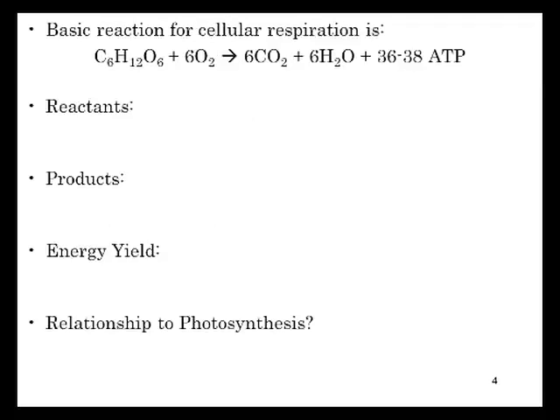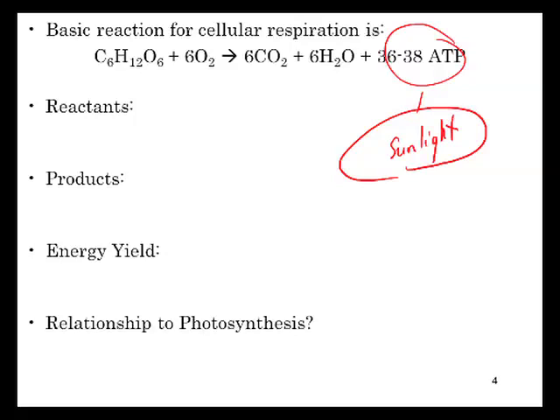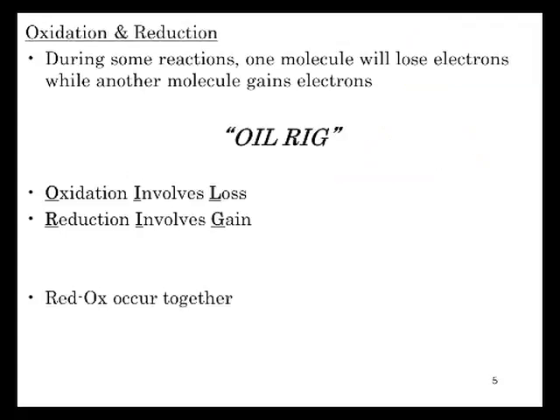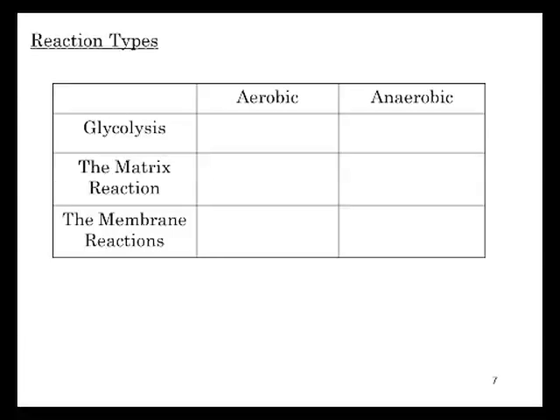Talked about the basic reaction for cellular respiration and its relationship to photosynthesis, and how this ATP here that we get from cellular respiration, from my point of view, is basically sunlight. And to understand why that's sunlight, you have to understand the relationship between photosynthesis and cellular respiration. Talked about oxidation and reduction. Very important things to know. I'll be talking about that today. Again, we also talked about NAD plus and NADH plus H plus, about what those differences might be and what those things are. We'll start actually seeing those today.